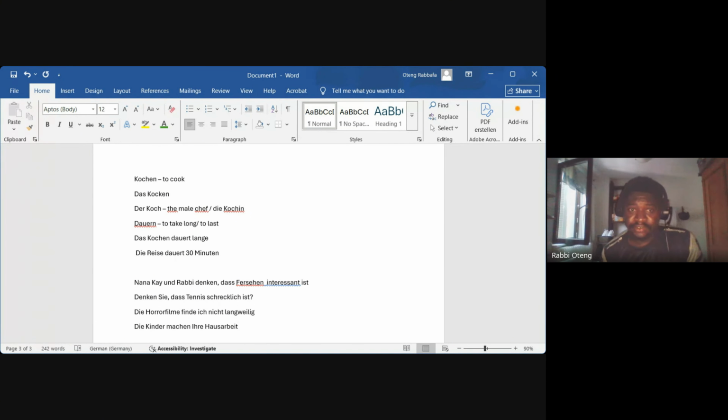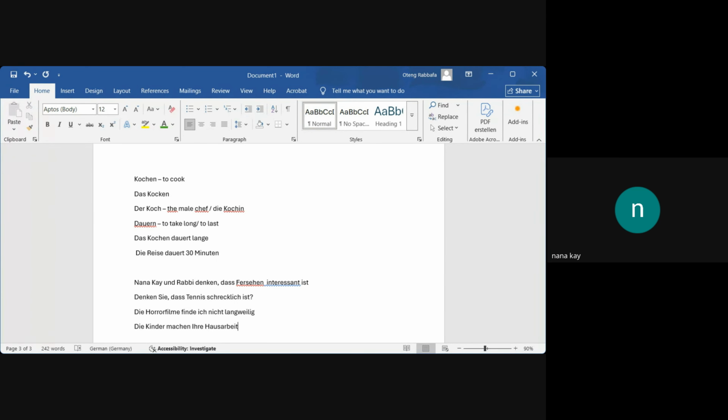Yes, adjective. The children are doing their housework. So you need an adjective inside this. There has to be an adjective, whether they find the housework interesting.